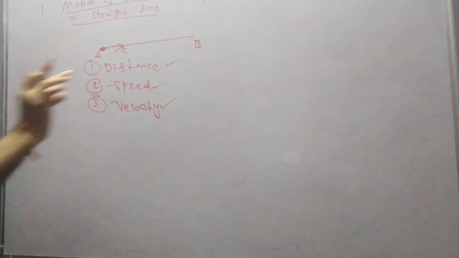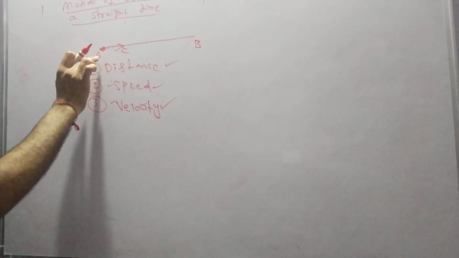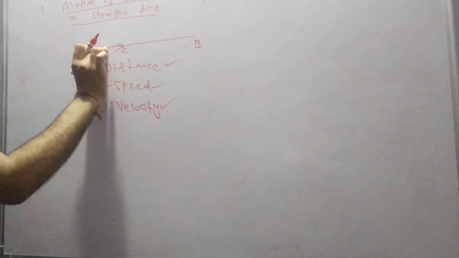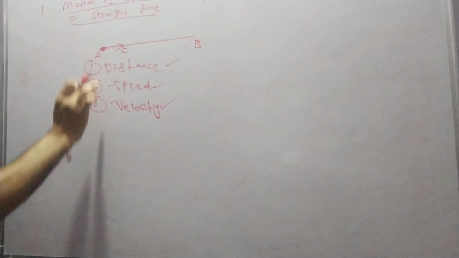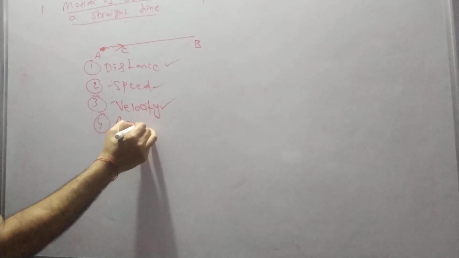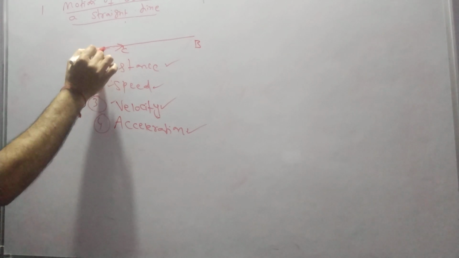At this stage, we are defining the words which will come in physics when the motion of the object is in a straight line. So the first word is, when the object is moving to this point C, how much distance it has travelled; then with how much speed it is going, or with how much velocity it is going. And the fourth word is acceleration. The object is moving up to C with how much acceleration.